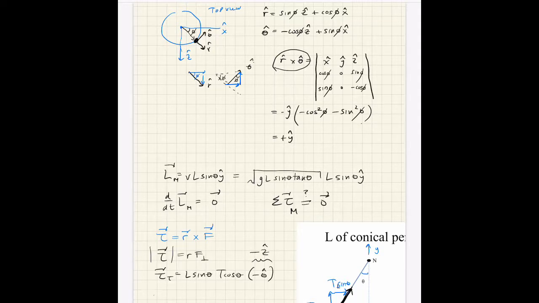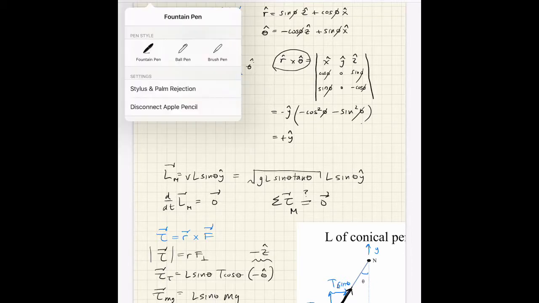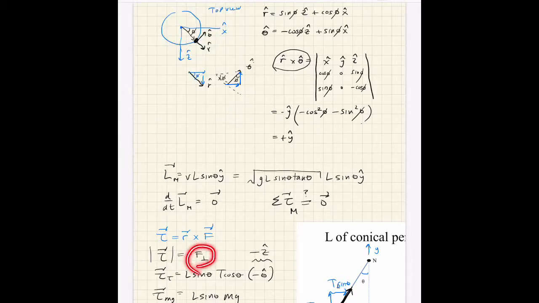So the torque from gravity will also be L sine theta. That's just my R value, which is still the same for gravity. And then gravity, of course, is 100% perpendicular. So my F perpendicular to my R vector for gravity is just mg. And the direction of this would be causing a rotation counterclockwise.